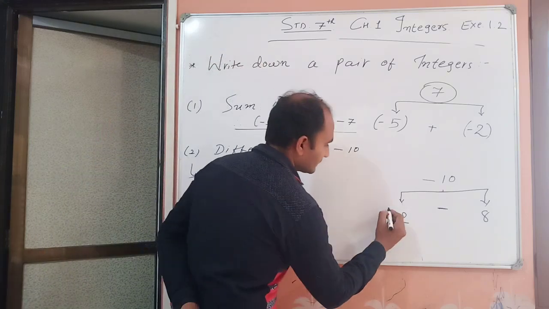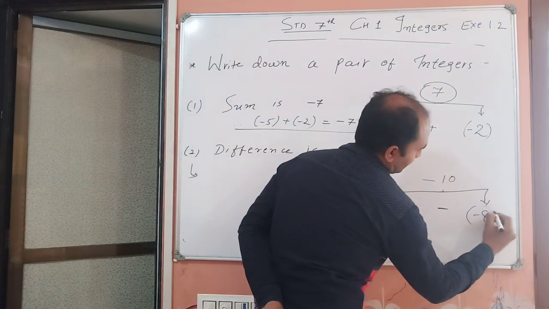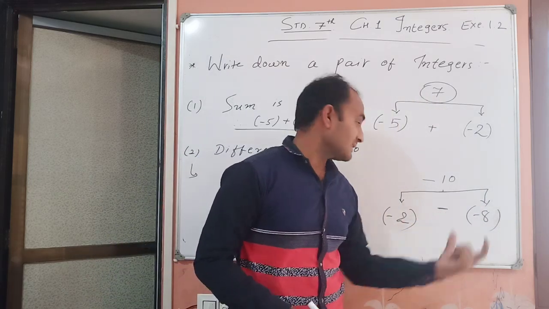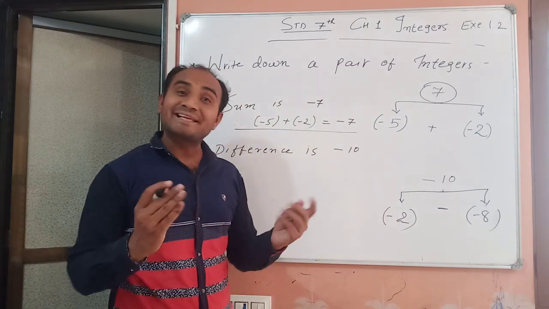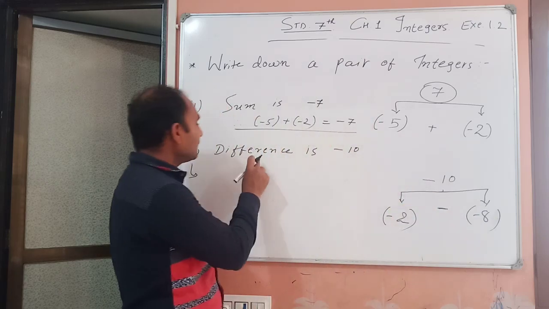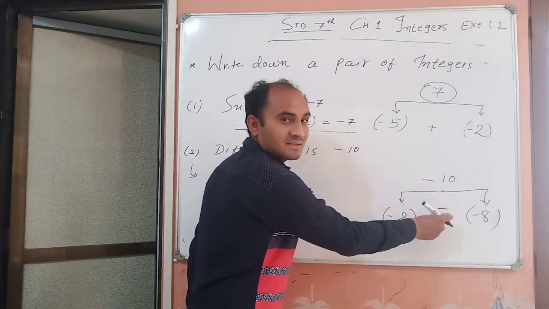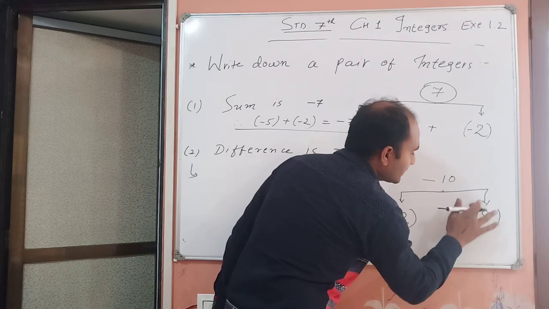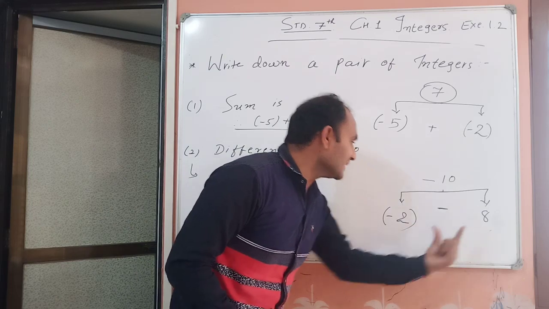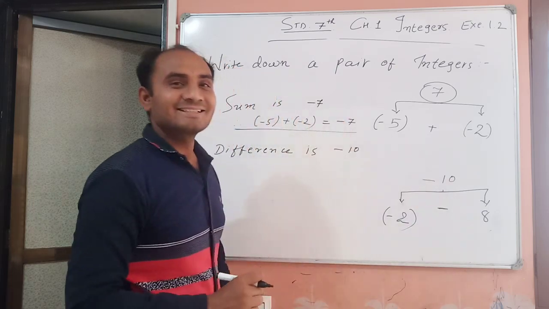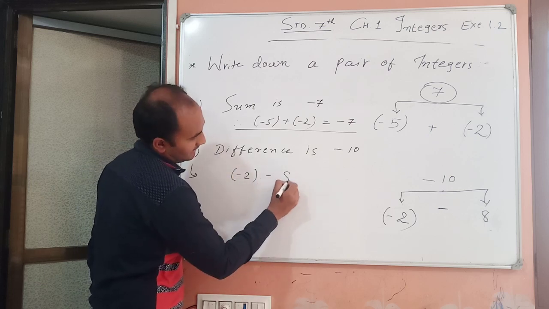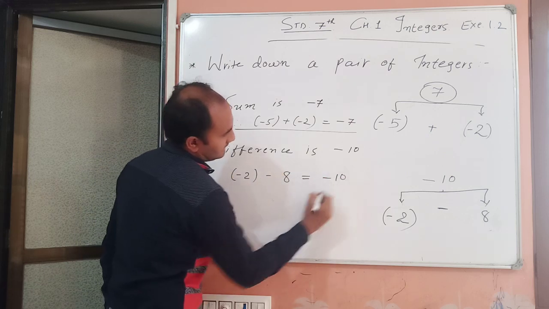Suppose we put here -2 and -8. That means minus minus plus, 8 minus 2, so we will get the answer 6. So it is wrong. We already have to find the difference, which means subtraction is there, so no need to put a subtraction symbol here. -2 minus 8 means -10. So -2 minus 8 is equal to -10.